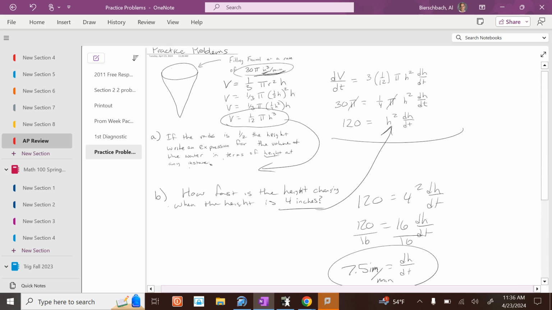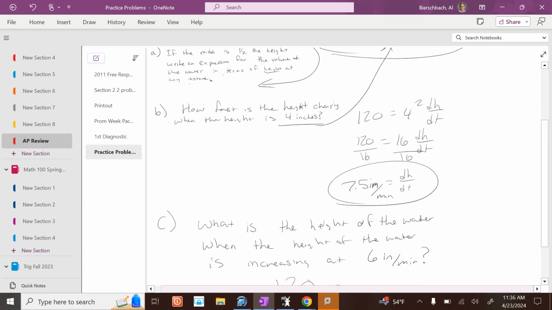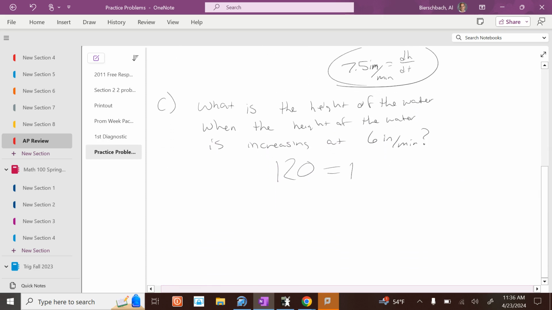So then we go back to this that we solved for. So 120 equals h squared dH dt. We fill in for dH dt. What do we do? Divide by 6.